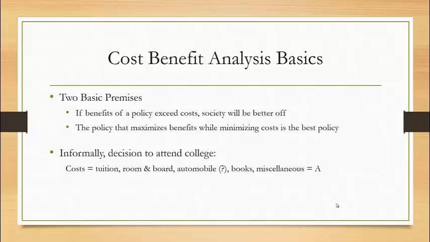But you also have the value of foregone work, right? Instead of working 40 hours a week, you are maybe working 10 hours a week or maybe not at all. So you have an opportunity cost, the value of what you would be doing if you were not in school.